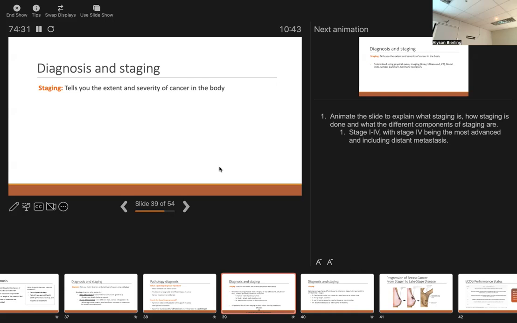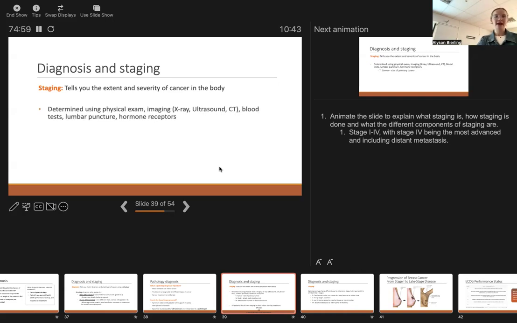All of those photos in that diagram showed the cancer at a different stage. We saw the cancer go from stage 1 to stage 2 to stage 3 to stage 4. So it's really important that we know how far the cancer has spread.